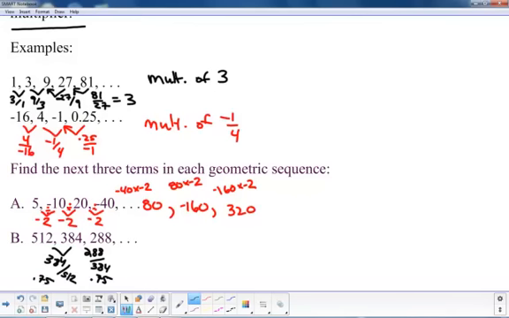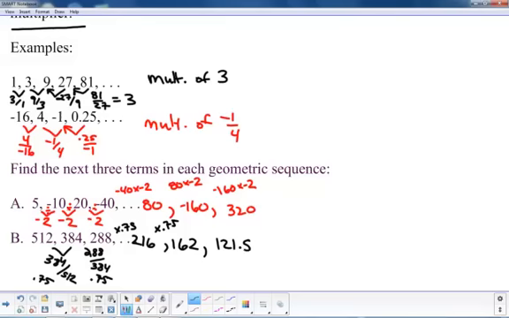So to get the next number, I would multiply by 0.75. So if you use a calculator and you type 288 times 0.75, you get 216. That times 0.75, you could also do 3/4, is 162. And that times 0.75 is 121.5.